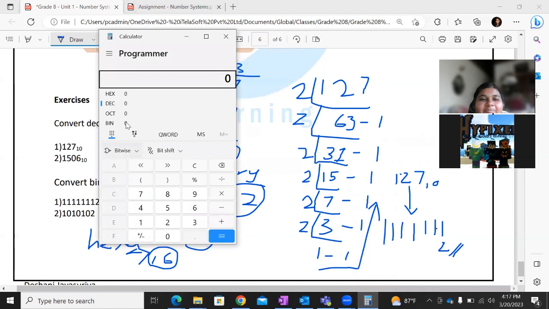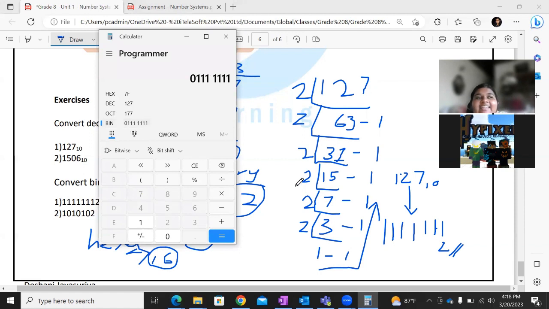So if you convert, we can just check if we are getting the correct answer. So it is all 7. Teacher, that is 0, 0, 1, 1. Yeah, because we are getting it in 8 digits, right? When it comes to binary, we get it as 8 digits. That's fine. We don't need to add the 0 in the beginning. It's how it is calculated.